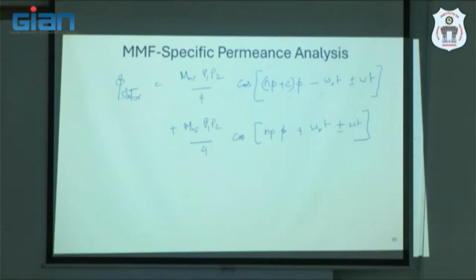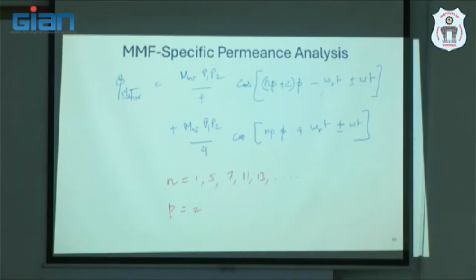What do we mean by that? n is equal to 1, 5, 7, 11, 13, like that. p is the pole pair number, so for a 4-pole machine, p will be 2. So np would be a product of these two.